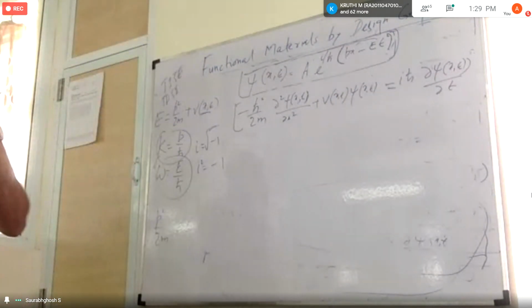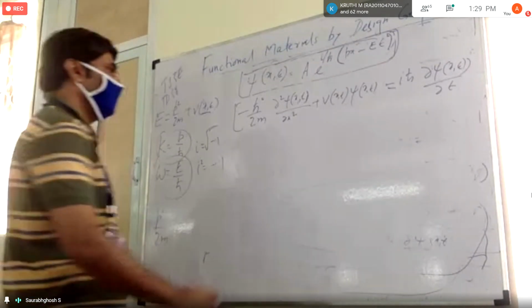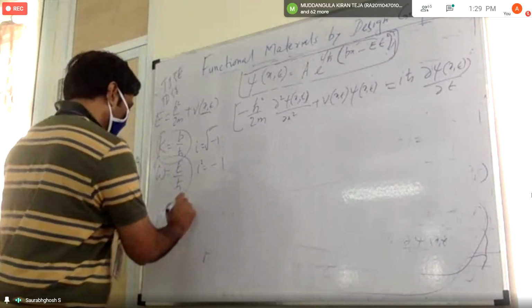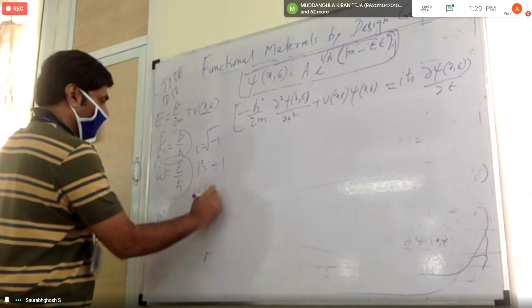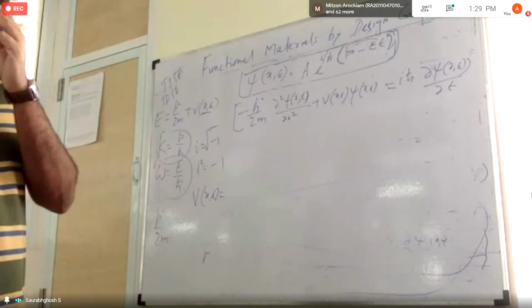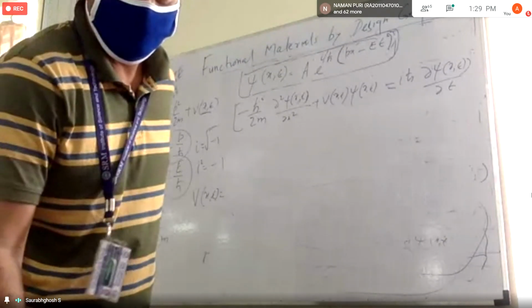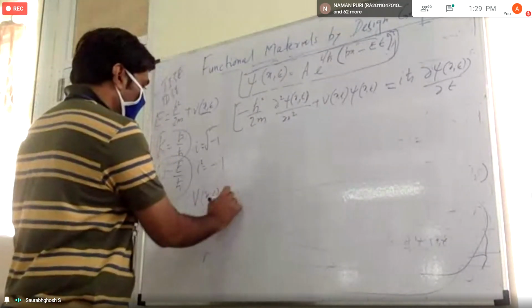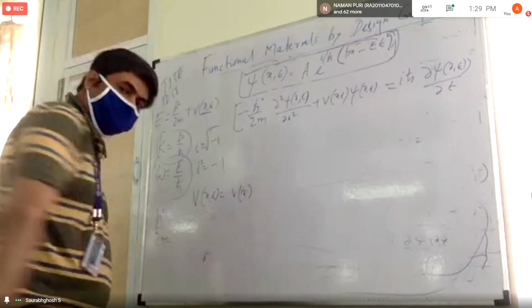Here we assume one thing, that the potential V of x,t is only a function of x, not of time. So your potential doesn't change with time, and V of x,t becomes V of x.